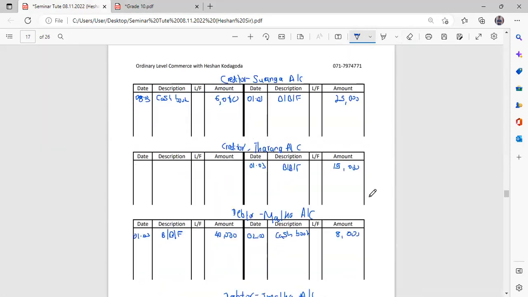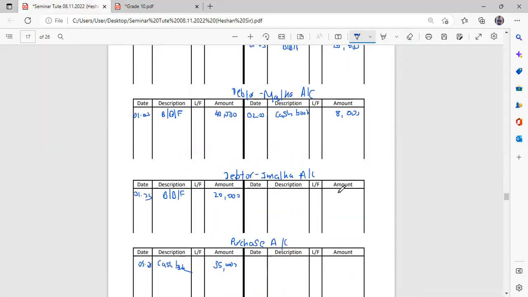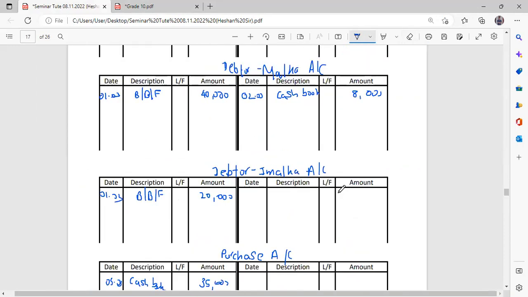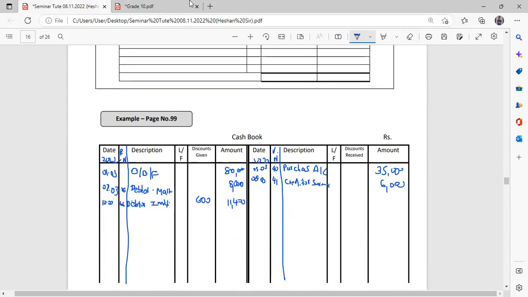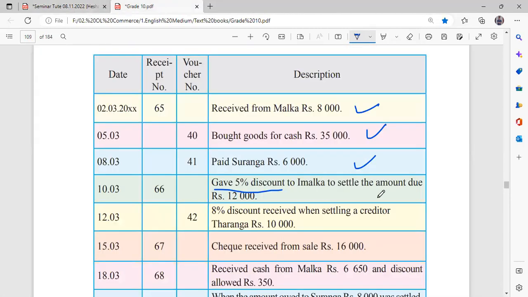So this is Imalka's account. On March 10th, cash book, received only 11,400. We gave 600 worth of cash discount, so we record it later.